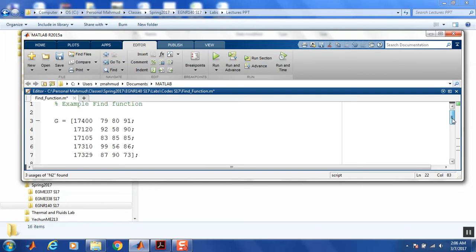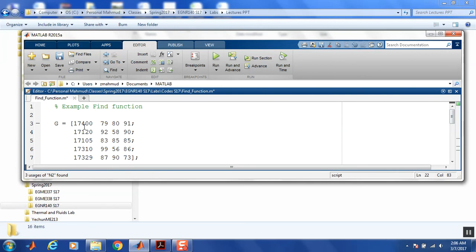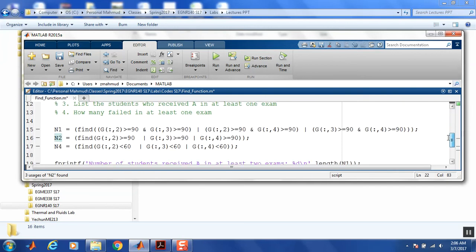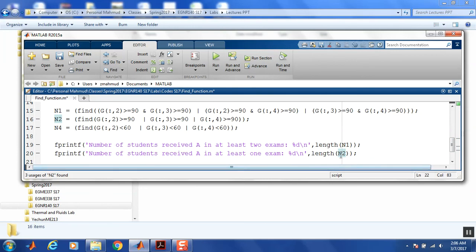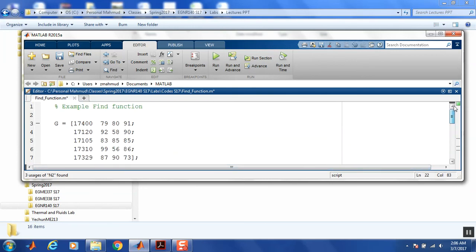What is the 1, 1 value? 17400. That's the 1, 1 value. Then the second value of N2 is 2, so you find the 2, 1 value, which is this guy. Then the third value of N2 is 4, so you are looking for the 4, 1 value. All of them are from column 1. And then the last one would be 5, 1.